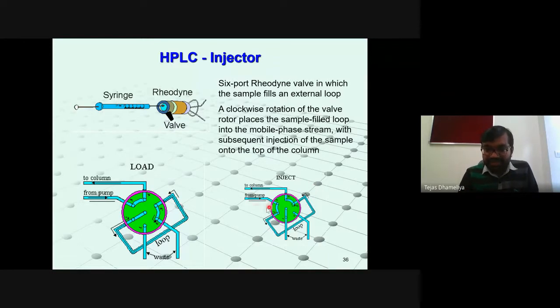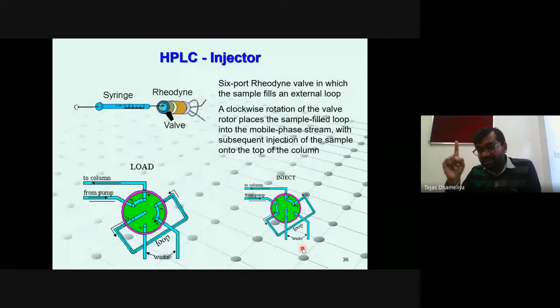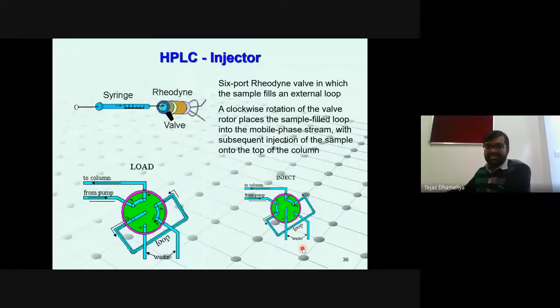So it came to three, then to one, then with the help of this loop it came to five, then to four, and then to the column. The excess amount goes out as waste. A specific quantity of your sample present in this loop goes inside the column, and the extra material comes outside as waste.